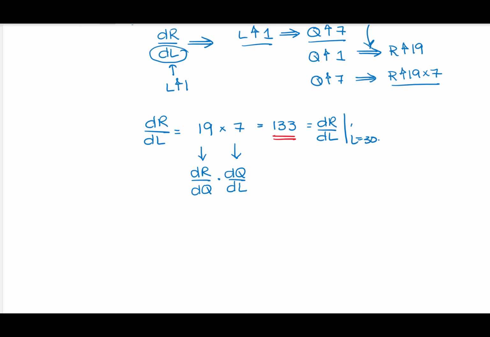But we can extend this principle. This is the essence of the chain rule: we're looking at how the change in one quantity, in this case Q with respect to L, but we're really interested in how revenue changes with respect to L. If we know how revenue changes with respect to Q, and we know how Q changes with respect to L, then we can figure it all out.